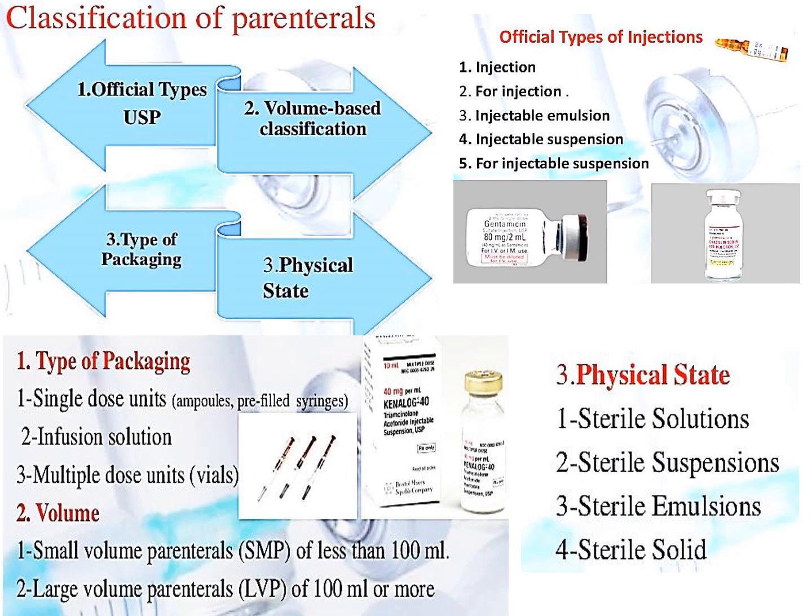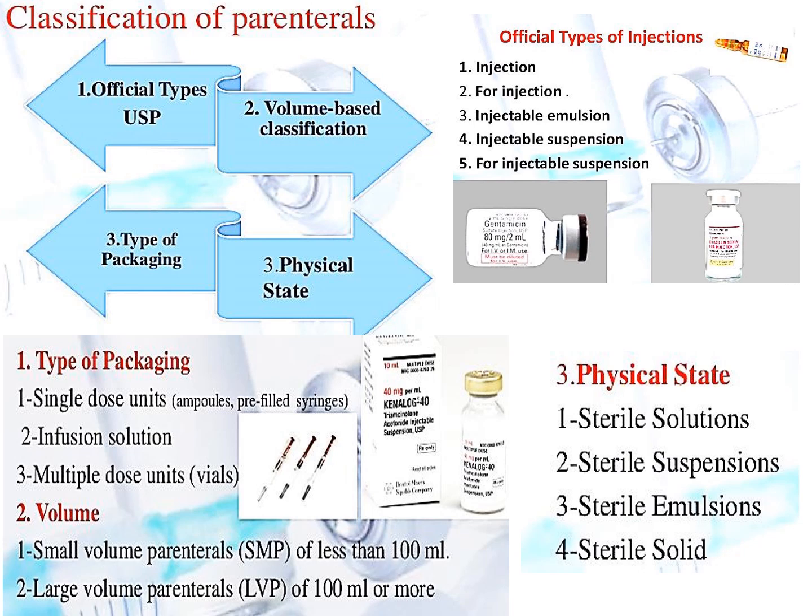First is official type (USP), then volume based classification, classification on the basis of packaging, and on the basis of physical state. Type of packaging includes single dose units, ampoules, prefilled syringes, infusion solutions, and multiple dose units such as vials.